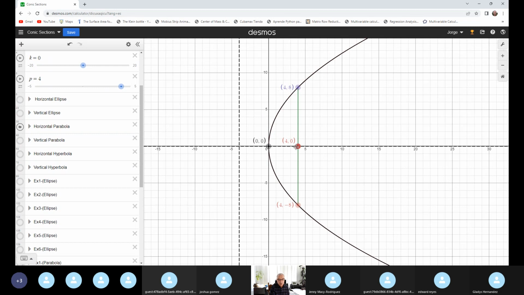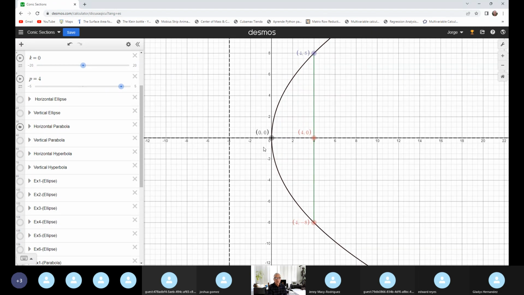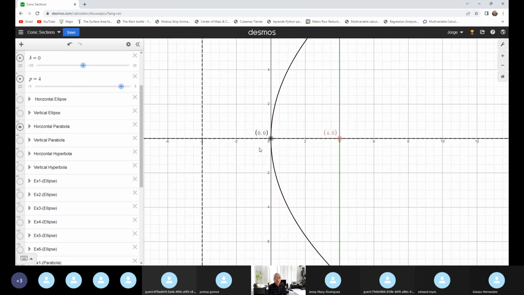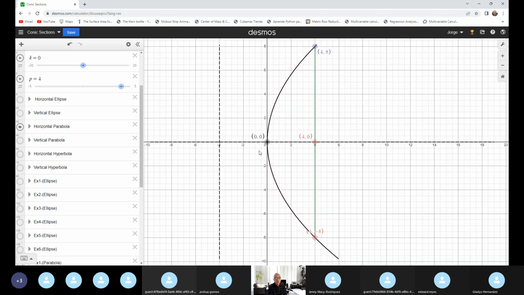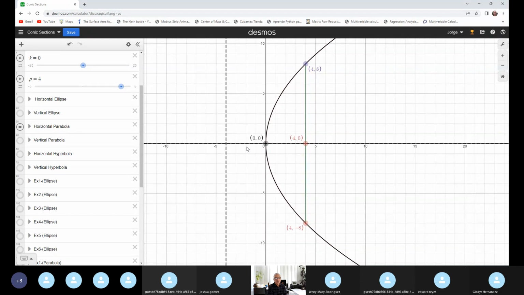Focus 4,0. Endpoints of the focal diameter 4,8 and 4,-8. And the axis of symmetry is the line coincident with the x-axis, que es y equals 0. And the directrix is x equal -4. You see -1, -2, -3, -4, and -4. Cool?